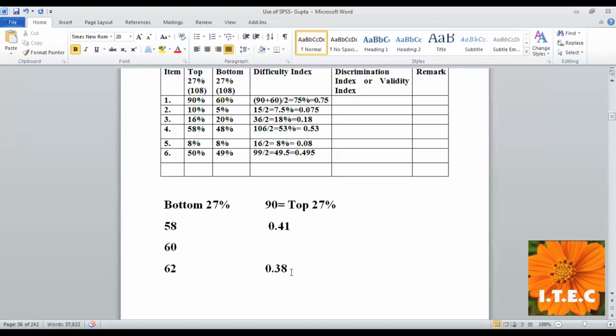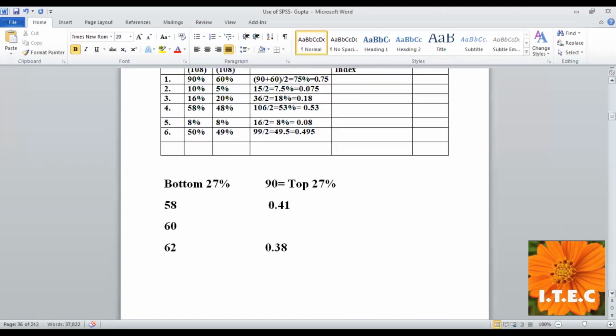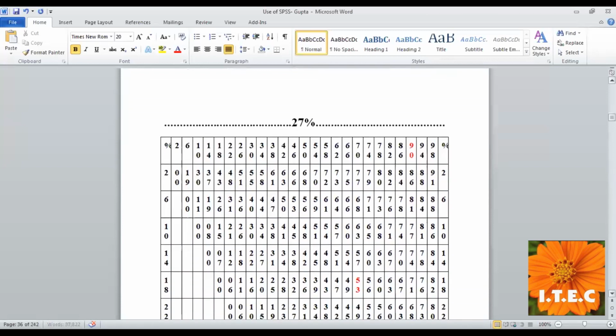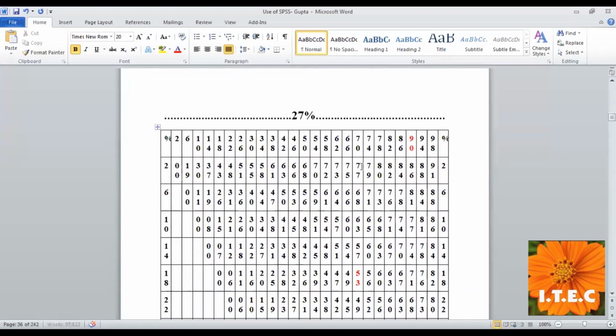And now this is the value. Now when you go down, the values decrease. You can see it here. That if this is 0.77, this is 0.68, 0.64, 0.57. So as you go down, the values are decreasing.